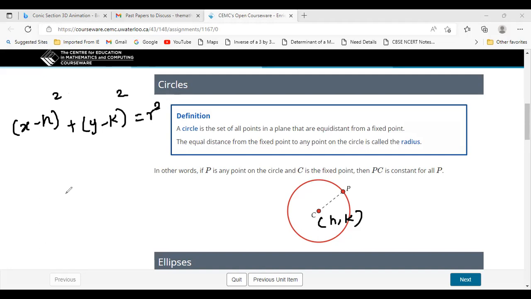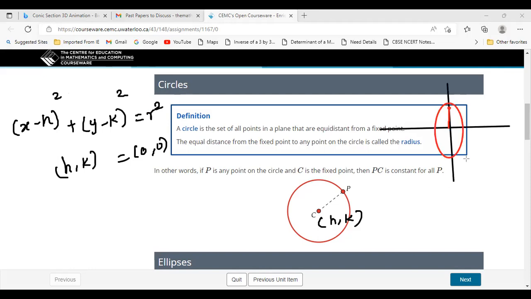When you assume this h comma k as 0 comma 0, imagine this is the coordinate plane, and this is the radius r. Hope you are able to follow what I'm trying to say.